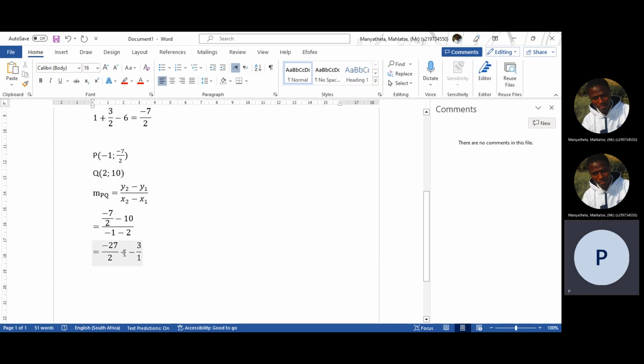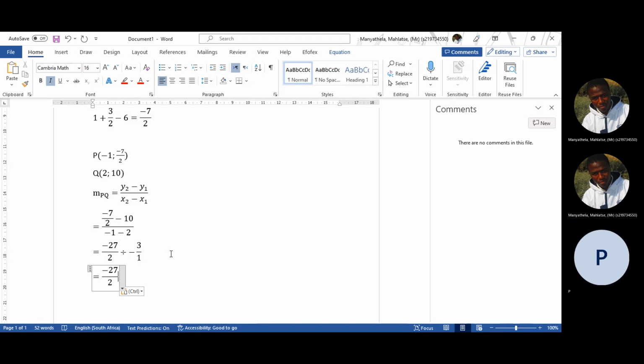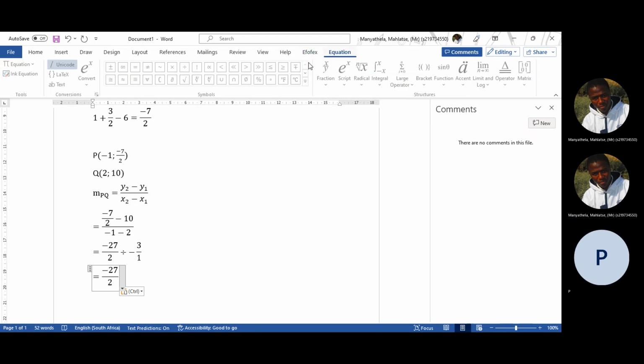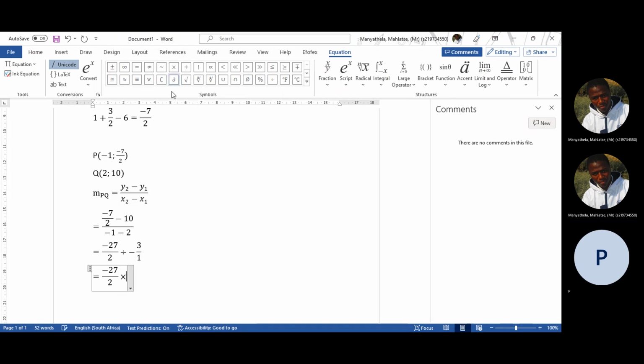So let's turn this division to multiplication. Minus 27 over 2 multiplied by minus 1 over 3.